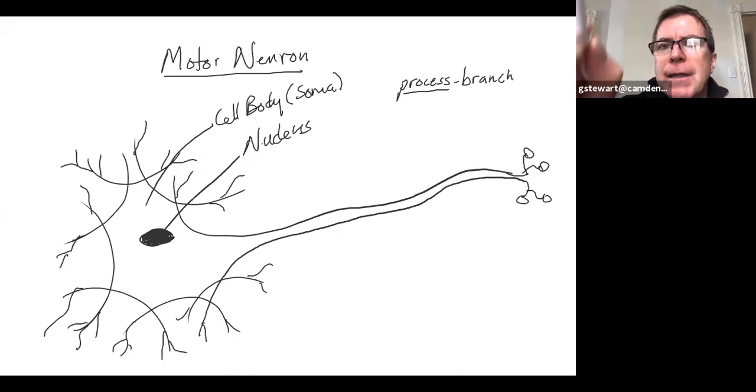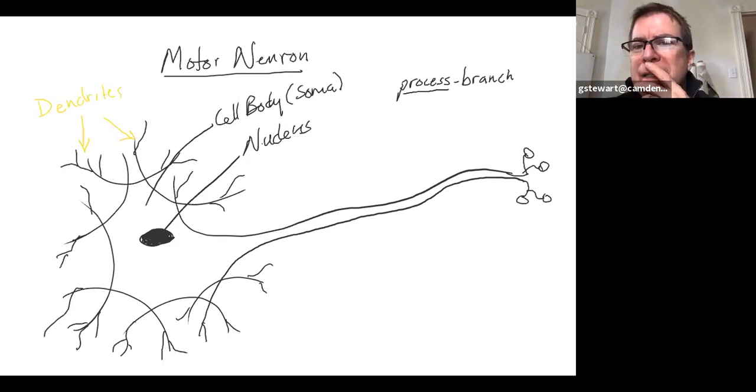So these processes, I'll use a different color, that I've drawn here and here, are called dendrites. Dendrites receive impulses and send those impulses toward the cell body. Okay?